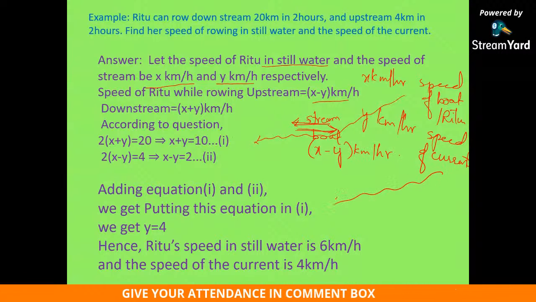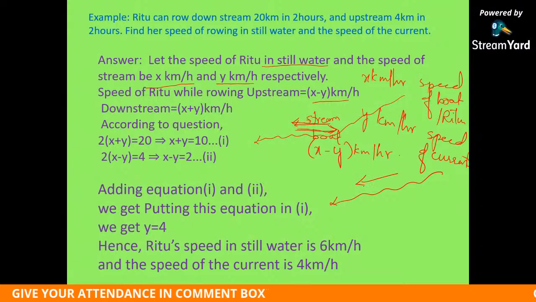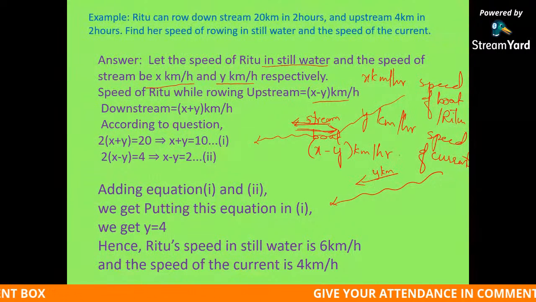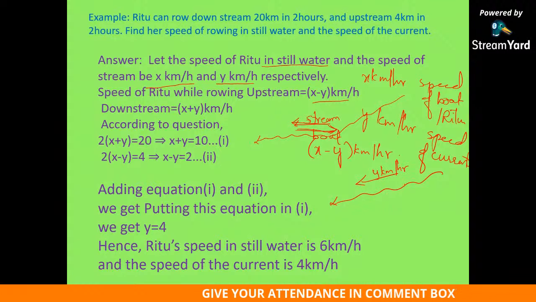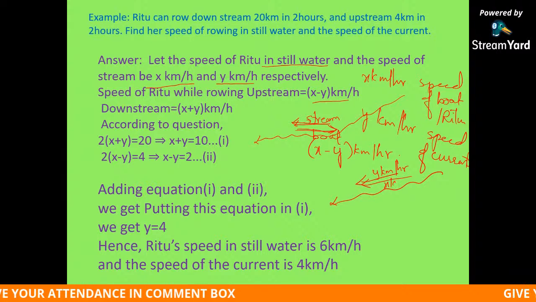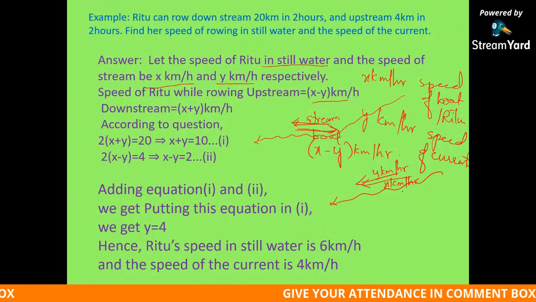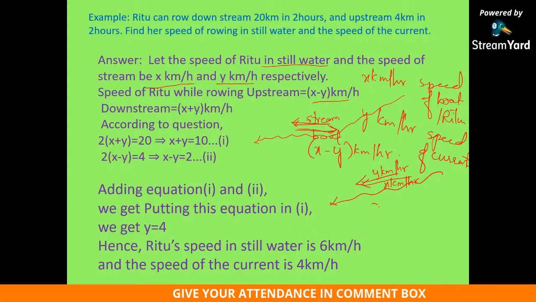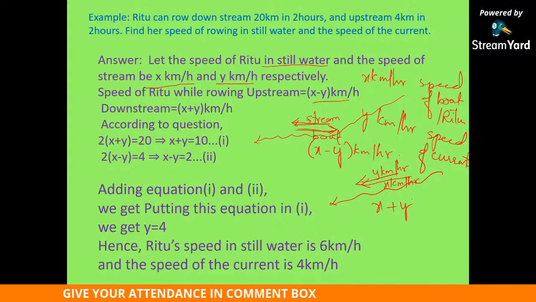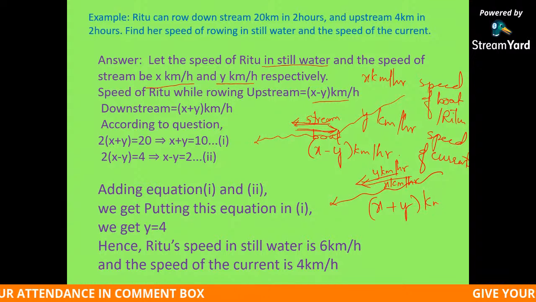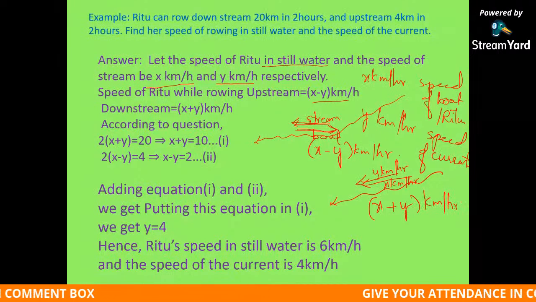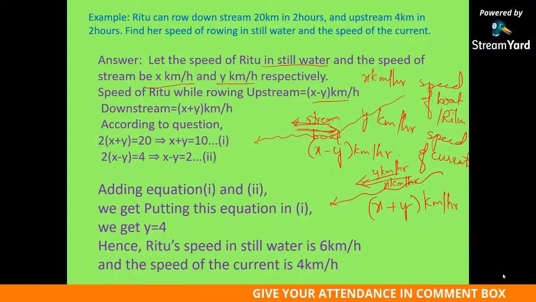Suppose the stream is flowing in this direction with a speed of y kilometers per hour, and your boat is also moving in that direction only with x kilometers per hour, then definitely the total speed of the boat will be more. Therefore, it will be x plus y kilometers per hour.